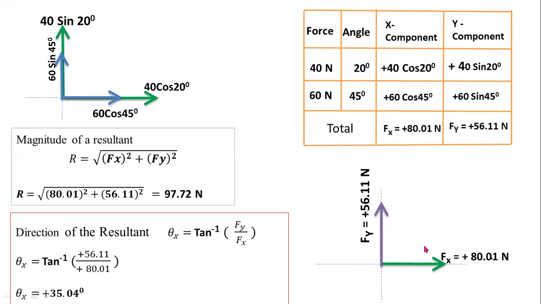Now these are the two forces, and the resultant lies between these two forces. So this is the position of the resultant R, and the angle theta is the angle between the horizontal force and the resultant. Okay, so this is the alternate method. In this method I used the method of projections.